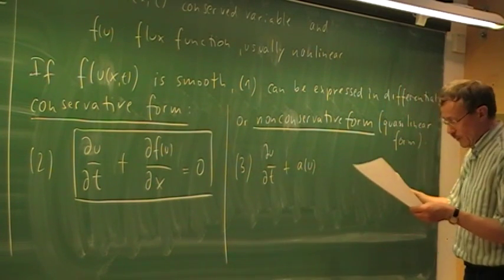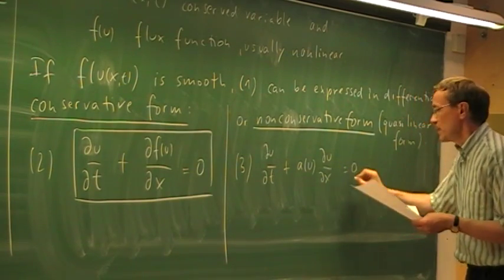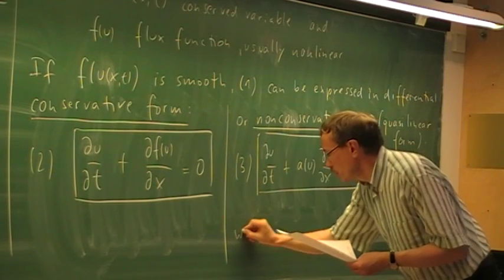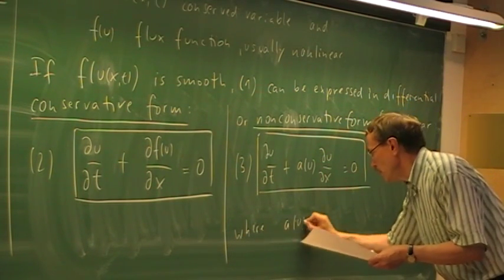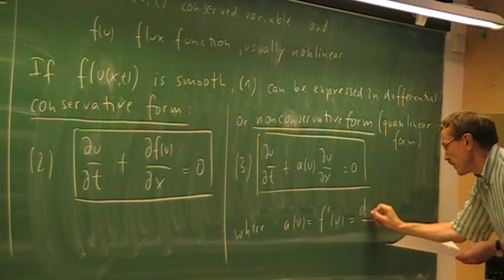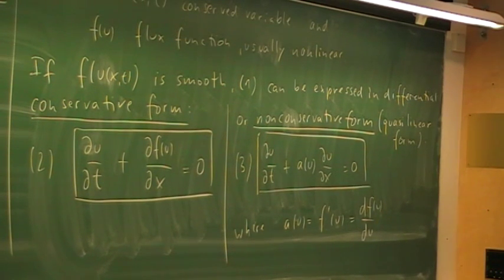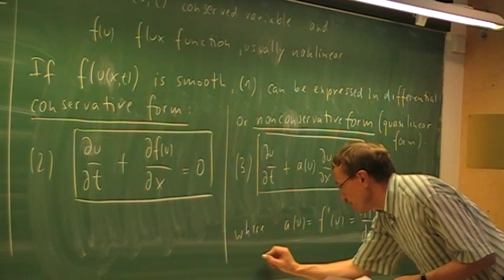Here I introduce that shortly, and then we have du dx is equal to 0. It is important to note that this a of u is the f prime of u, or df of u du. And that has a name, that is the characteristic speed.